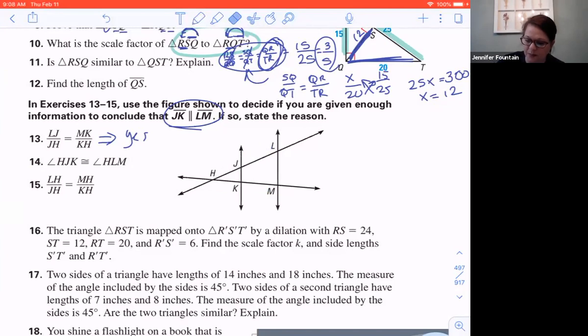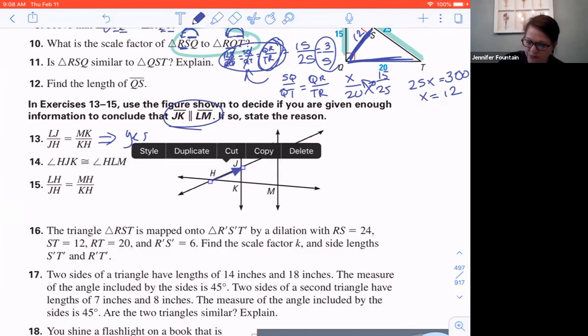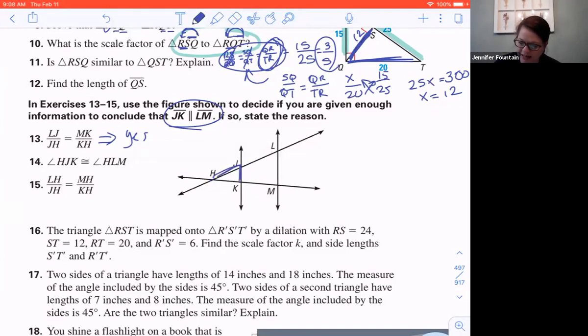They're saying, what if we compared angle HJK to HLM.